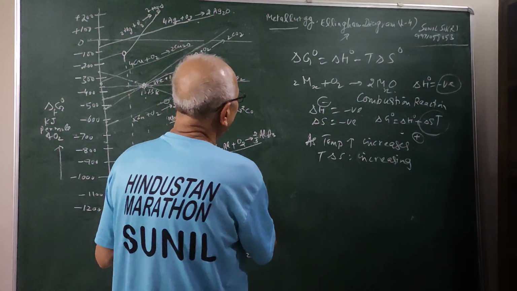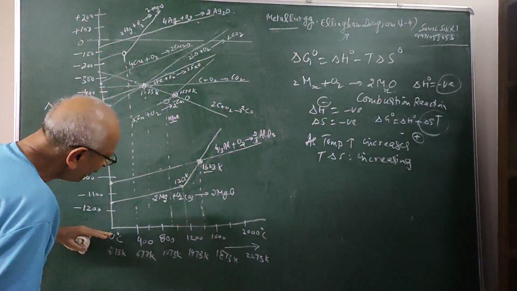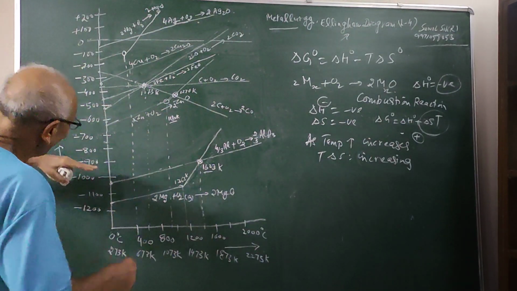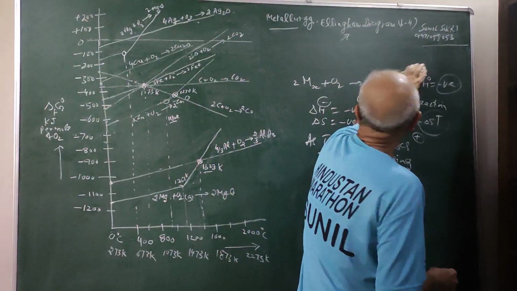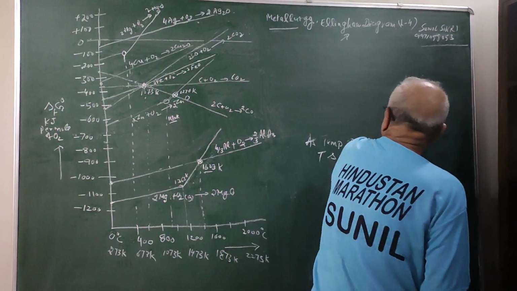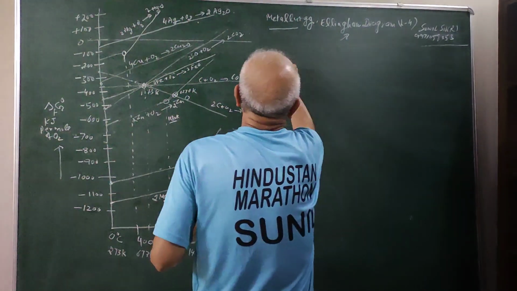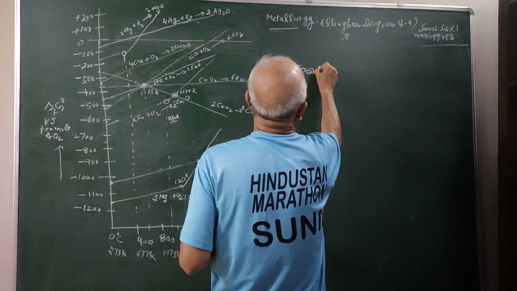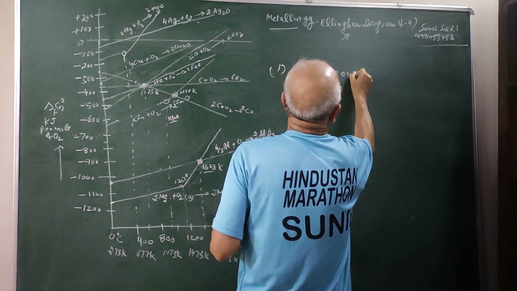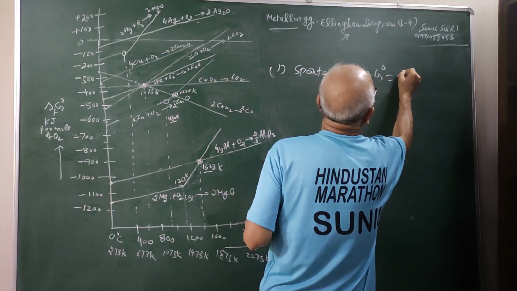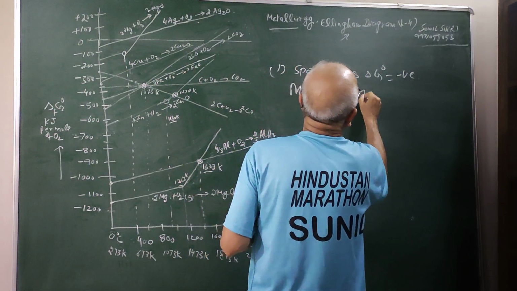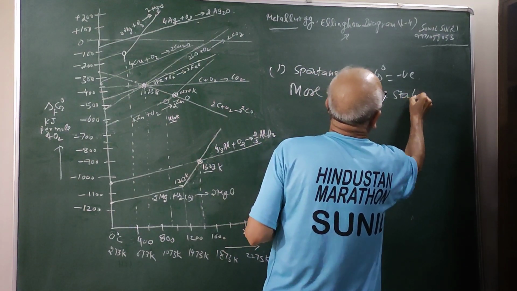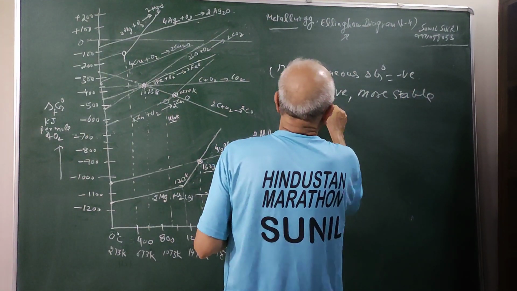So first of all, we see that as I am going up the graph, the delta G0 values are becoming less and less negative. And what is the use of that, students? For a reaction to be spontaneous, delta G should be negative. More negative means more stable metal oxide.